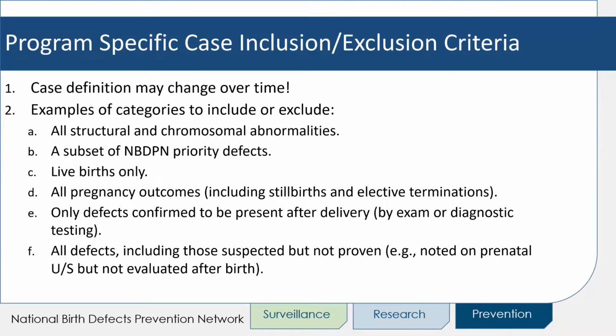Program-specific case inclusion/exclusion criteria. Our national case definition criteria, as defined by the NBDPN, are available on the NBDPN website under Birth Defects Surveillance Guidelines, Appendix 3.1, Birth Defects Descriptions.